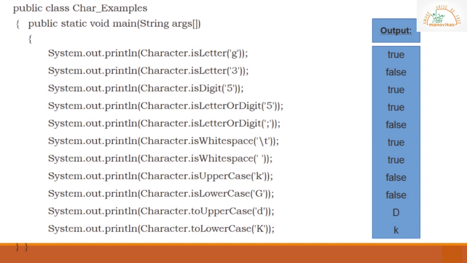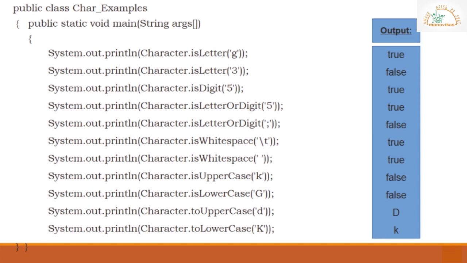Next is Character.isLetterOrDigit of character 5. Character 5 satisfies this condition because it is a digit. So the output for this function will be again true. The next function is Character.isLetterOrDigit of a semicolon.